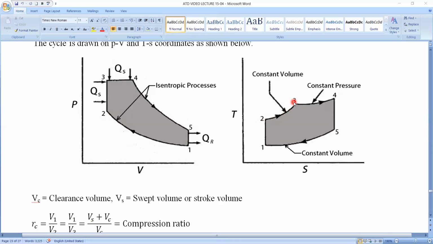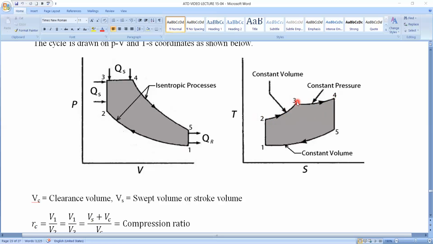Similarly, the process 3 to 4 is constant pressure heat addition, which is also represented by a curved line, but there should be a difference between these two curves. The process 2 to 3 is the constant volume process, which has more slope, and process 3 to 4 is also a curved line which has less slope.